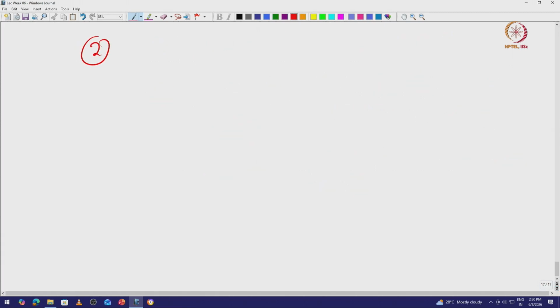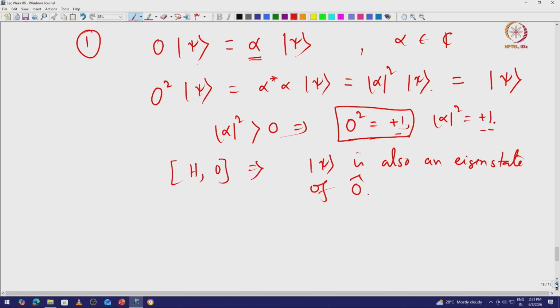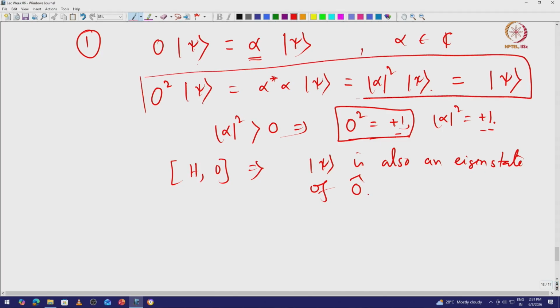In the case of O square equal to minus 1, what happens? We now do it for the anti-unitary operator only. This still holds.